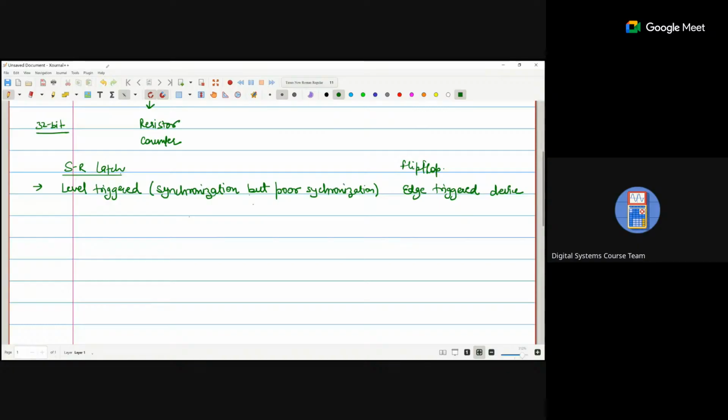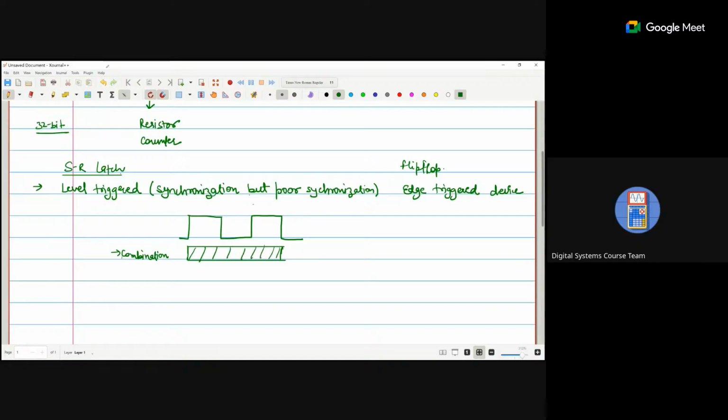Why? Because if I draw a clock pulse, this is my clock pulse. First of all, for the combinational circuit, there is no boundary. You can start your working at any instant of time. So the complete duration to perform an operation is from this to this. If I take two clock pulses, the combinational circuit will perform in this whole duration.